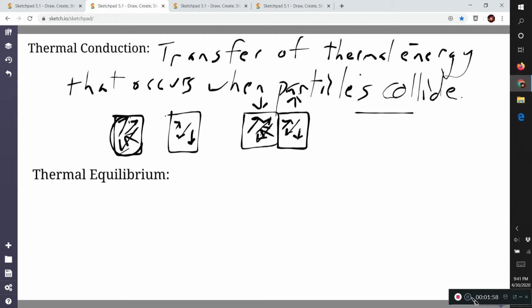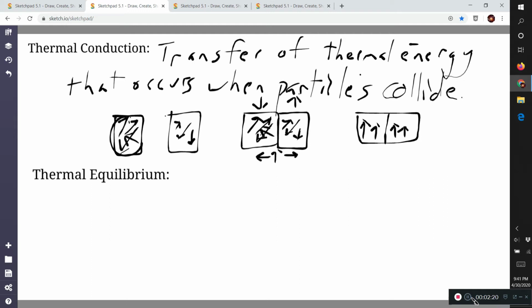And as that happens, it'll happen first at the surface and then it'll slowly spread outward from there. At some point, we're going to have the same amount of motion in both regions. And at that point, we say they're at thermal equilibrium.